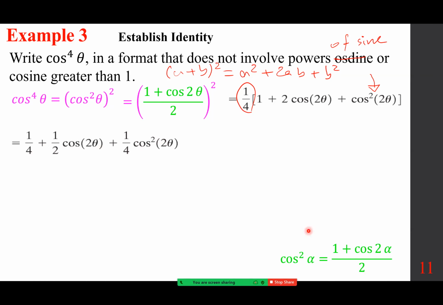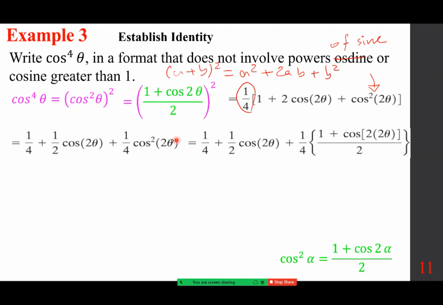This one, we are going to use the same formula again. And cosine squared of 2 theta, assume 2 theta is alpha, so you want 2 times that. So this becomes 1 plus cosine of 2 times 2 theta, divided by 2, which is 4 theta.